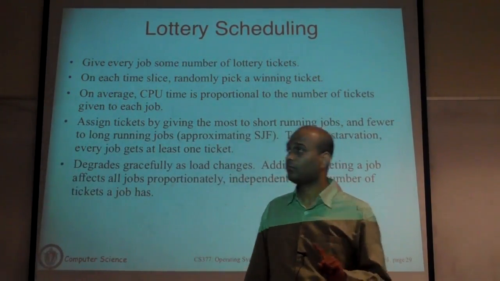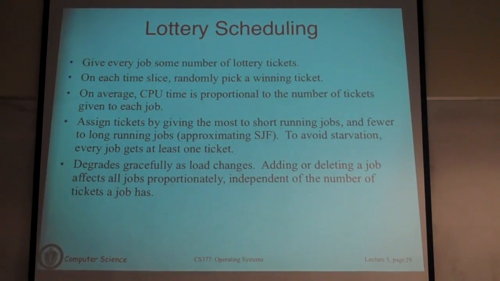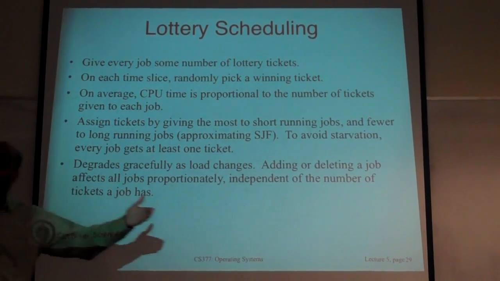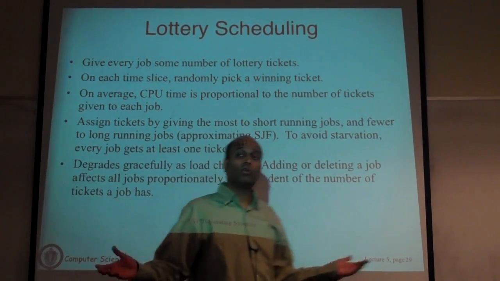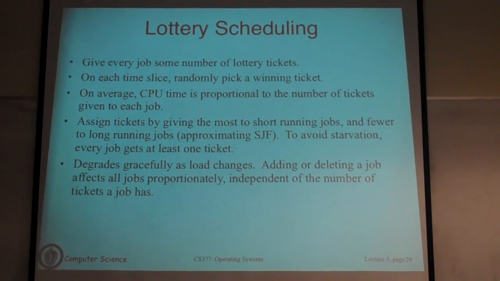Each is going to win the lottery with probability half, a 50% chance. So 50% of the time job A is going to win, 50% of the time job B is going to win. Over a long period of time, job A, because it won the lottery half the time, is going to get half the CPU time, and job B the other half. So they get an equal share of the CPU, 50%, 50%.